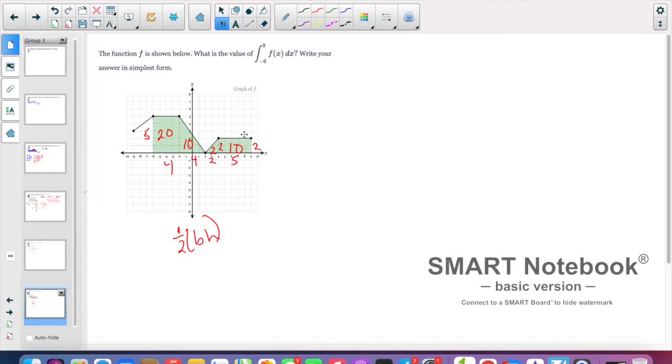So to get the area under the curve, we would add 20 plus 10 plus 2 plus 10. The area of this rectangle plus the area of this triangle plus the area of this triangle plus the area of this rectangle would be 42 square units.